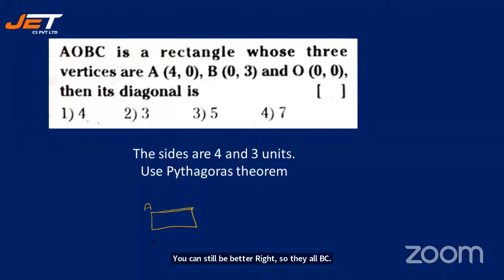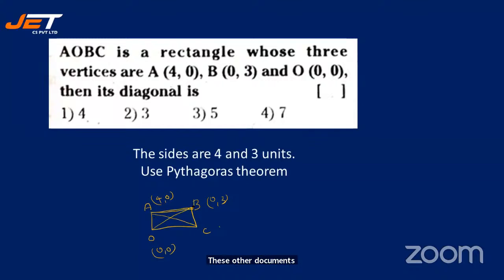You can keep any points anywhere. 4, 0, 0, 3, 0, 0. Right? And then they're asking you the diagonals. These are the diagonals.